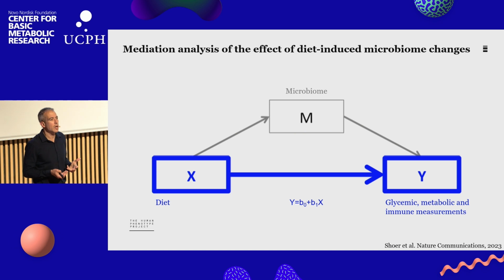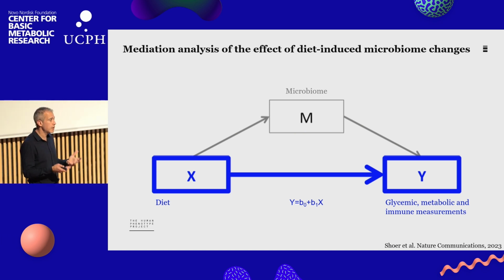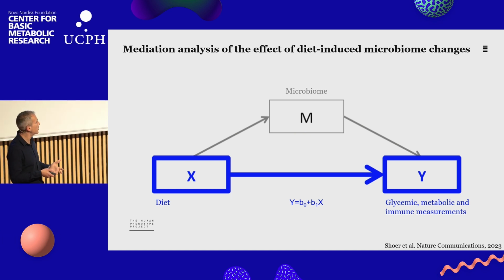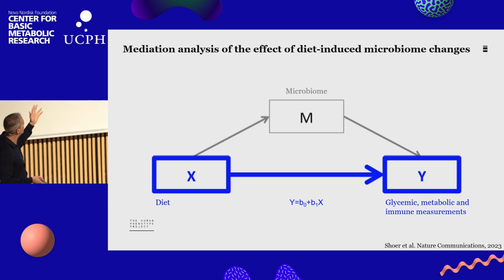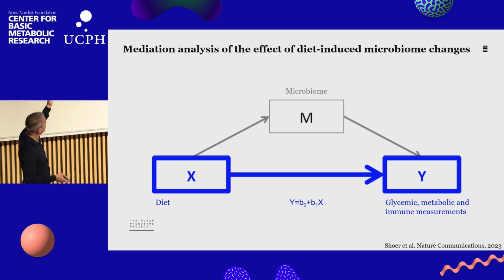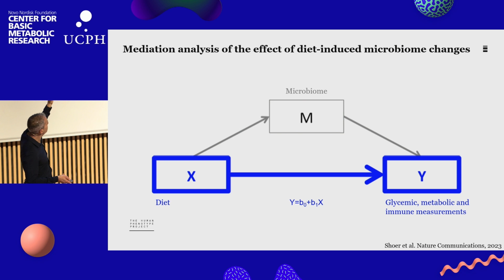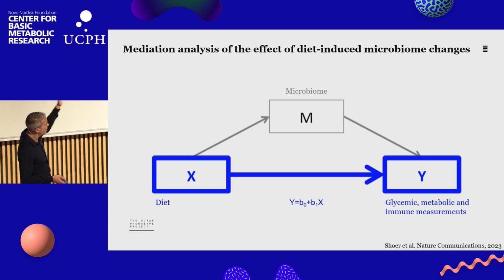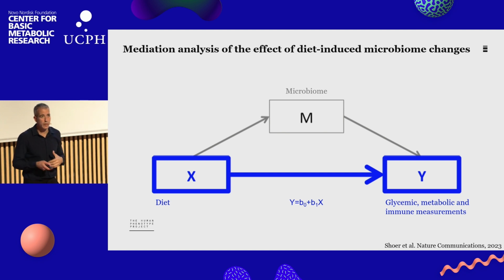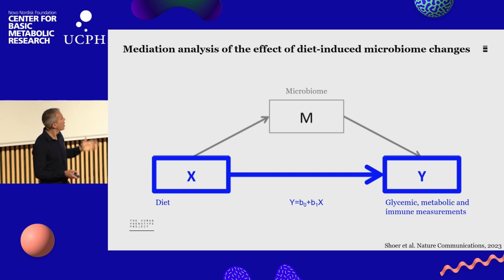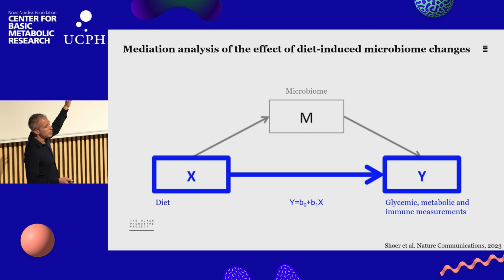And so then we could go and do what's called mediation analysis to try and get at causality, where you're trying to assess whether the relationship between the X, in this case diet, and the Y, in this case various metabolic improvements that we saw, is also mediated in part by some other factor, in this case the microbiome.